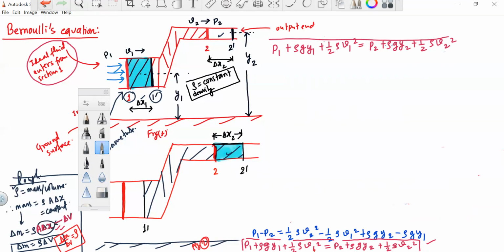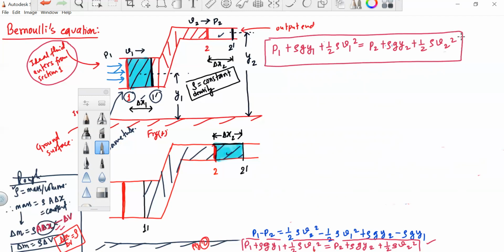So we have to generalize this expression.